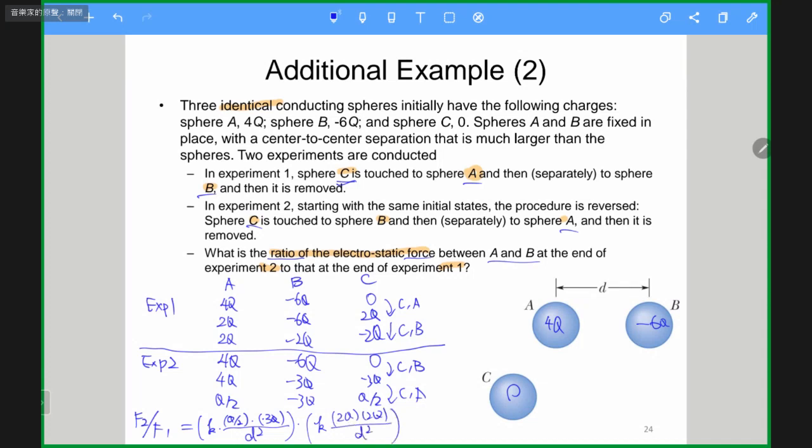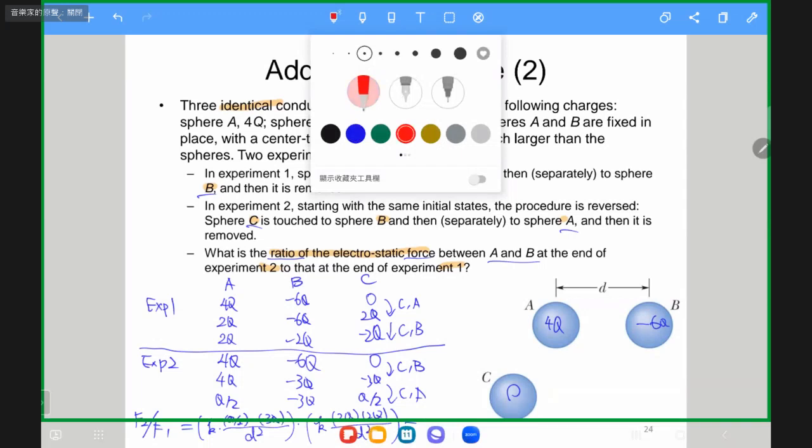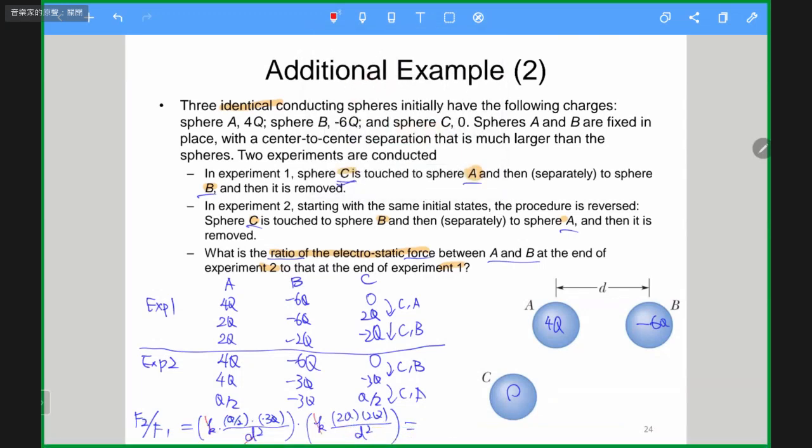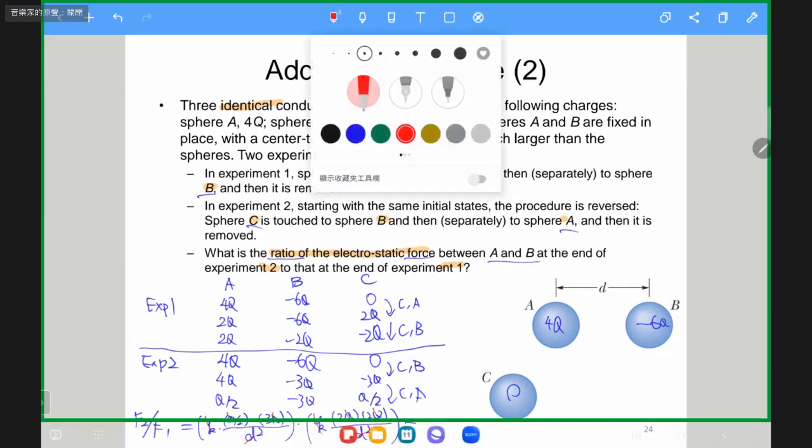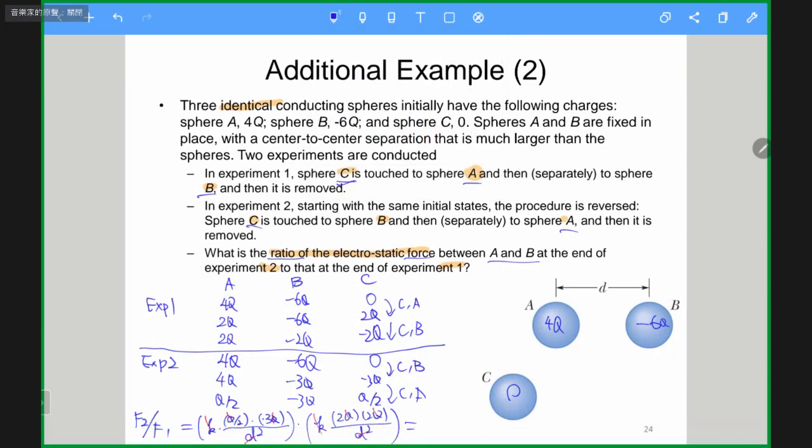Many of them can be cancelled: K and K, D squared and D squared, and Q. So finally we have 3 over 2 all over 4. So this is 3 over 8, or 0.375. Okay, so this is the answer to this question.